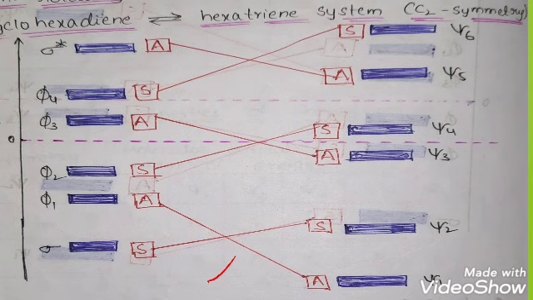So this is the correlation diagram for conrotation of cyclohexadiene to hexatriene system.